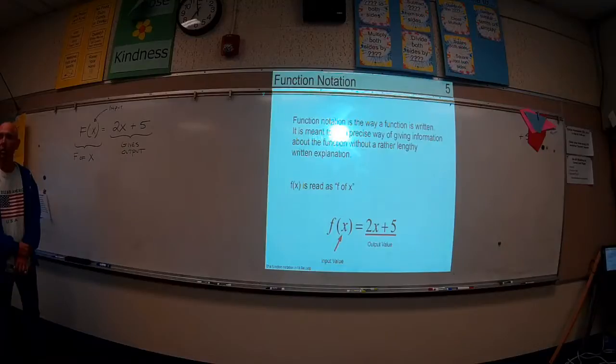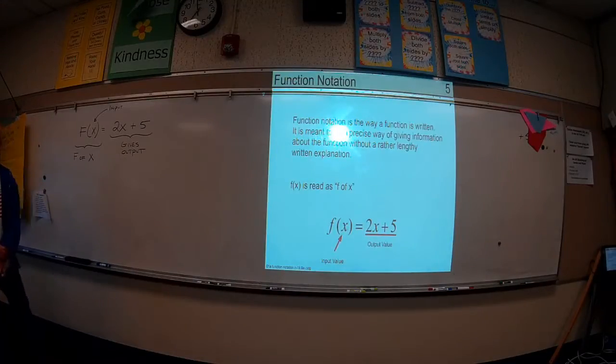Nice. You got it, JJ? 10. 25. Good. You got it? -5. 0. 2. 9.